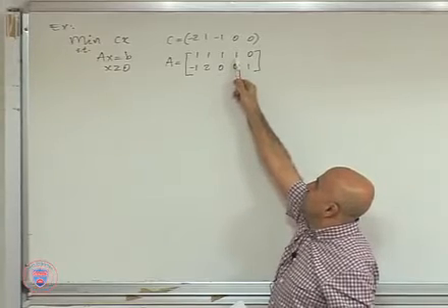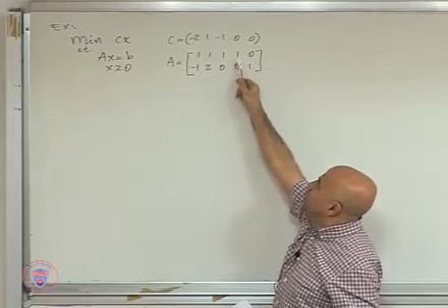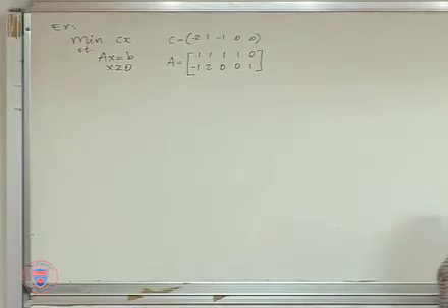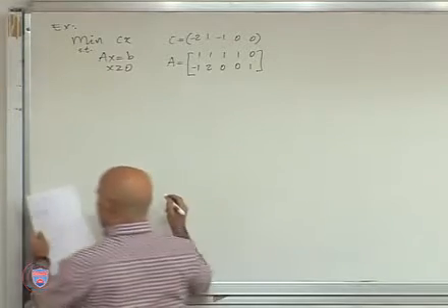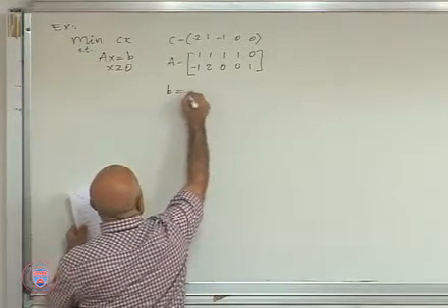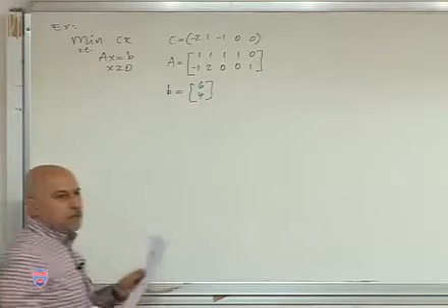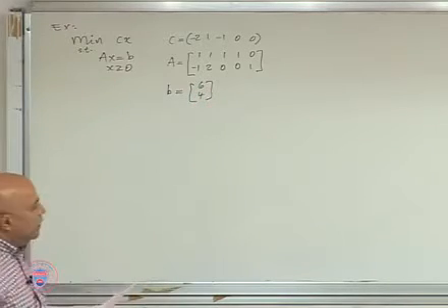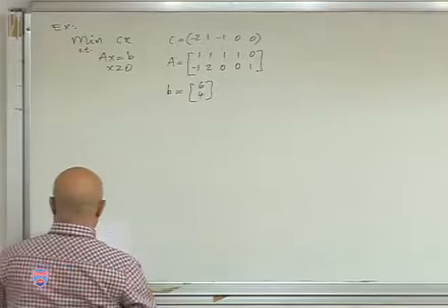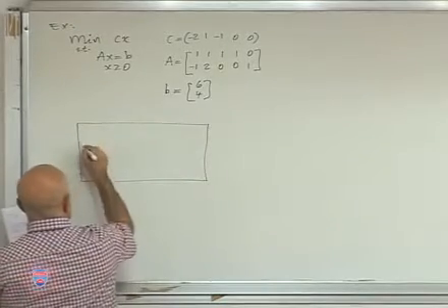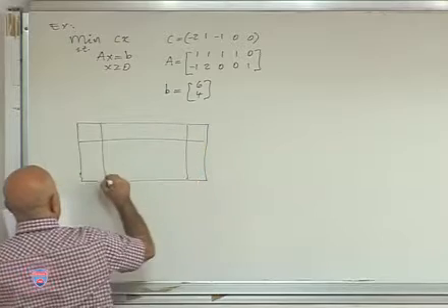But then when you add x4 and x5, x4 has the same column. Okay, so that's a possibility, of course. And the right-hand side column is 6 and 4. This is the example also that's covered in the book. All right, the optimum tableau for this turns out to be the following.